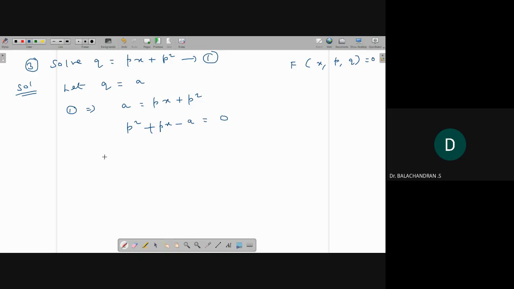Solve for p: p equals minus b, b is x here, plus or minus root of b square, which is x square, minus 4 times a, which is 1, times c, which is minus a, so plus 4a, by 2 into a, where a is 1. So this is p.